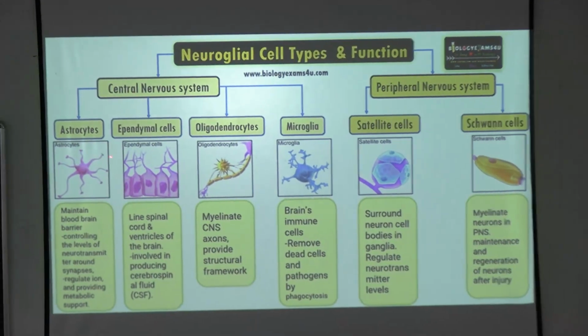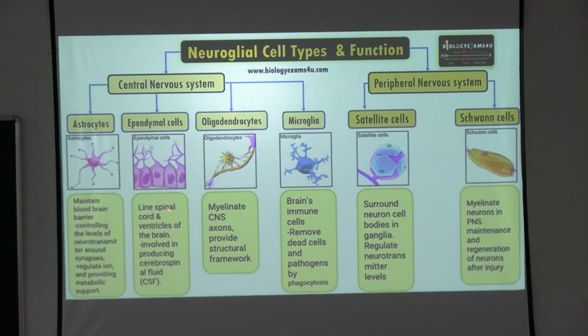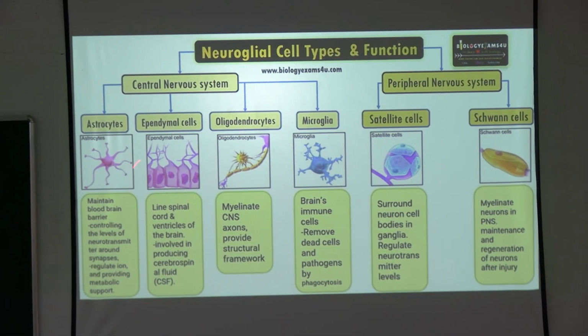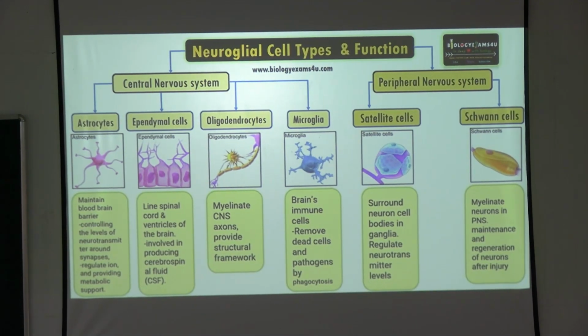Now these are the cells. These are the astrocytes in the central nervous system. The covering of the brain is the ependymal layer, which lines the ventricles, the cavities that produce the CSF; these are the ependymal cells. Another type of glial cells are the oligodendroglia and microglia.